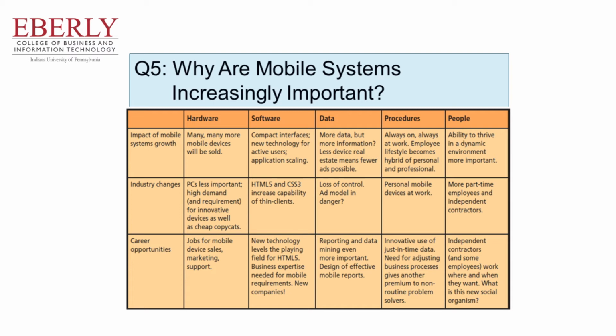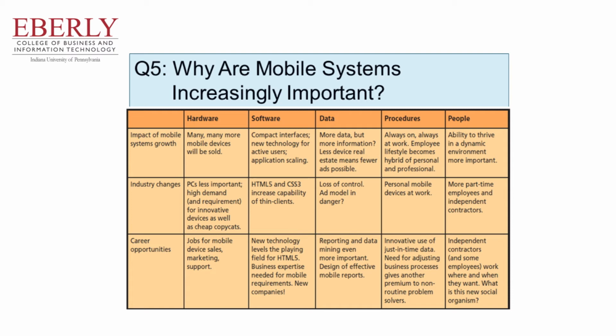Hewlett-Packard, a large PC manufacturer, learned this fact when it did not respond quickly enough to mobile device demands and was forced to eliminate 27,000 jobs in 2012. In the future, there will be high demand for innovative mobile devices as well as cheap copycats.